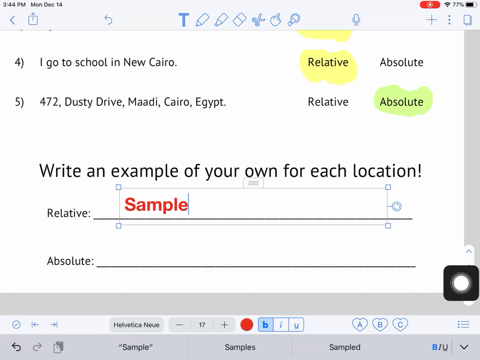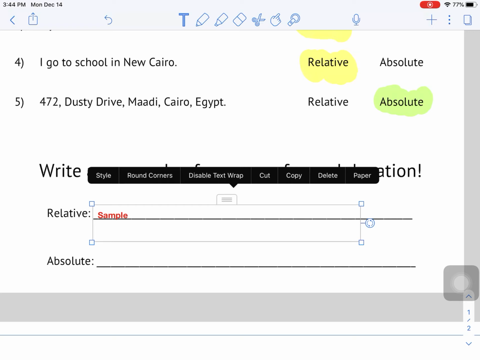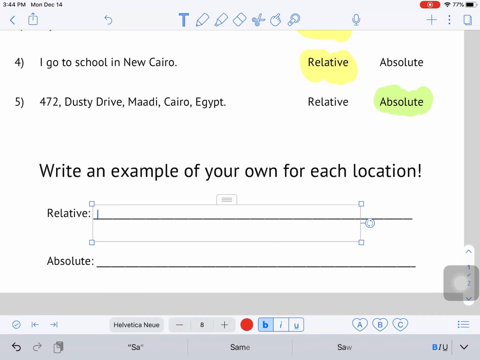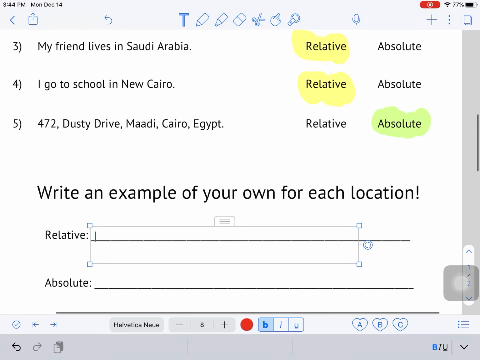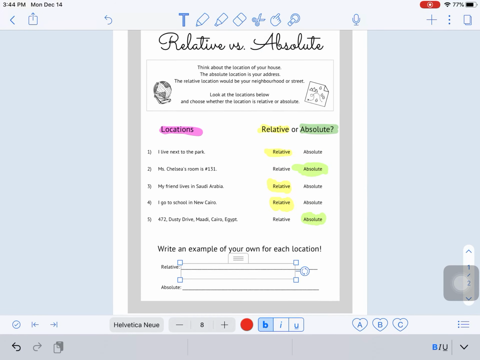You can come down here to the numbers and make your font smaller, you have to actually highlight it, so select all, and then you can make it smaller to try to fit on that whole line there, okay? So you will come up with your own examples of a relative and absolute location that you could write here. I would even recommend looking above to give you some hints and tips for this page here.